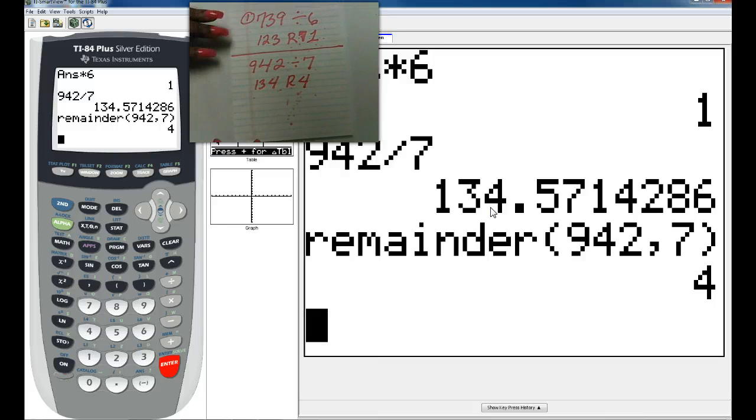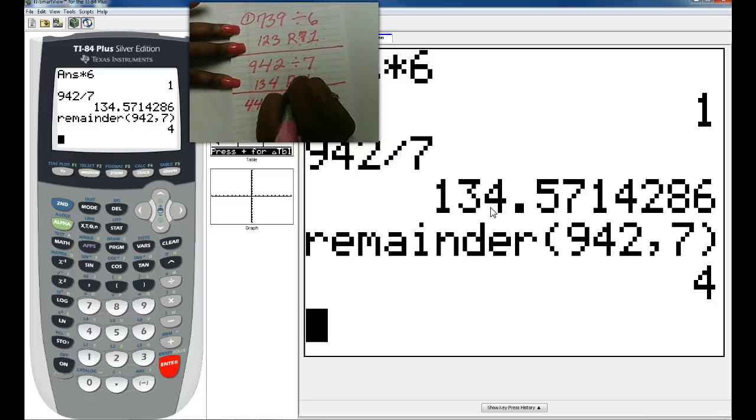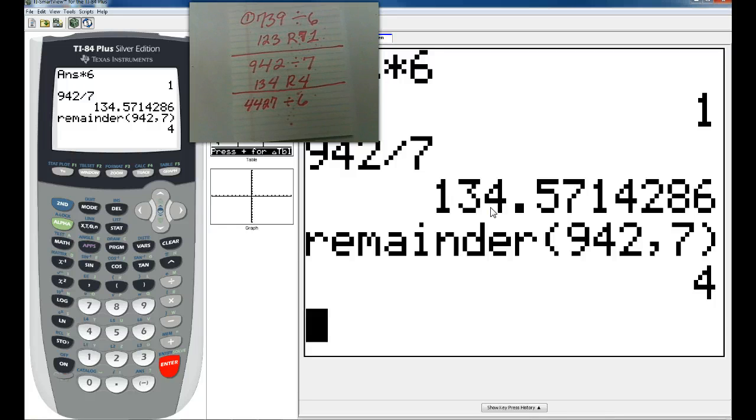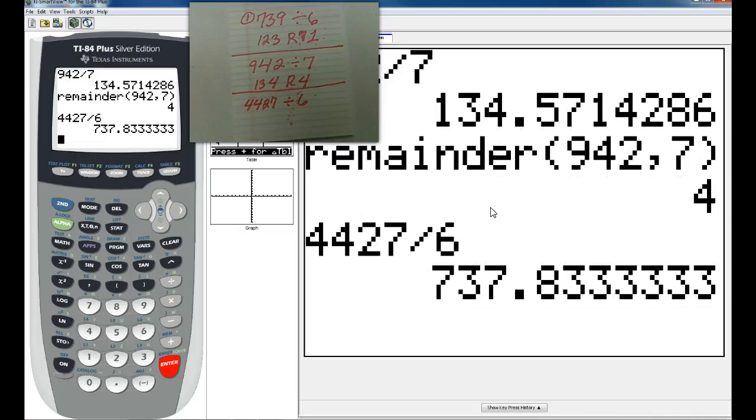Here's another problem. You choose a way that you're going to do it using your calculator. 4427 divided by 6. Both ways I have to put in 4427 divided by 6, and I get 737.